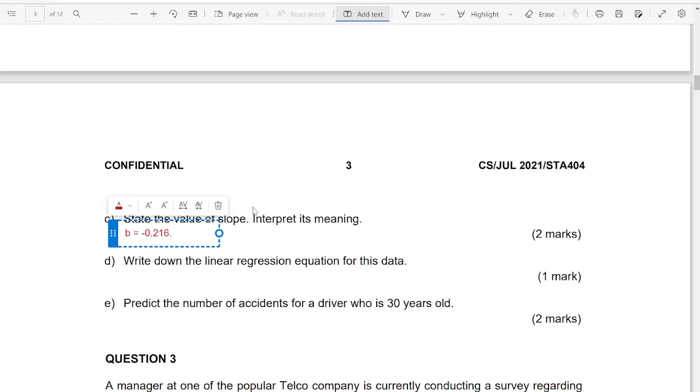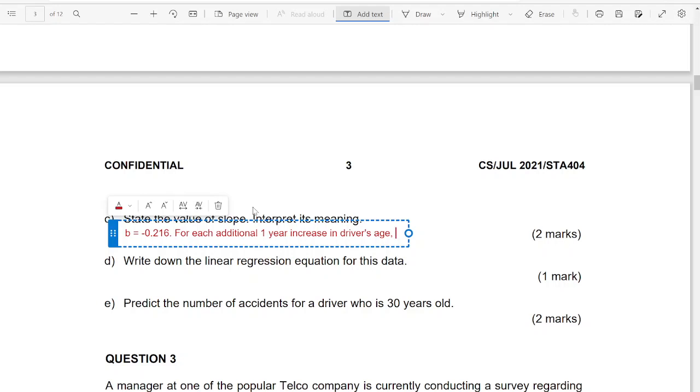So how to explain this one? This is in general form. If you look at the video, I showed how to explain. For each additional unit, and here the unit for driver's age is year, so for each additional 1 year increase in driver's age, then Y. What is Y?